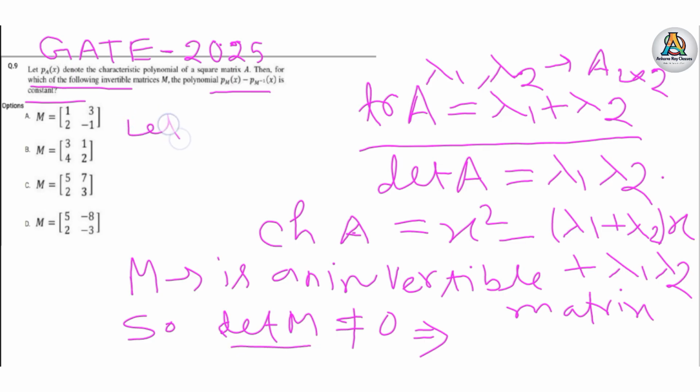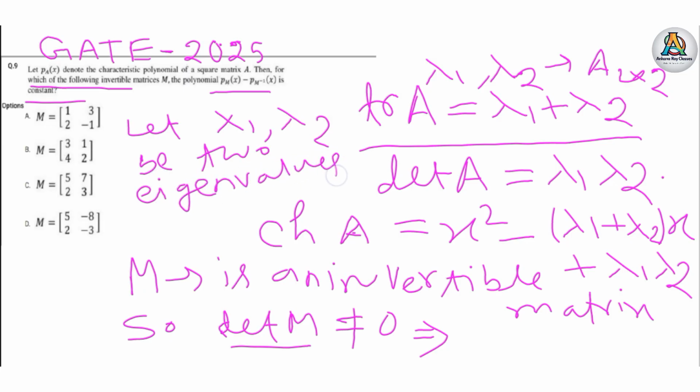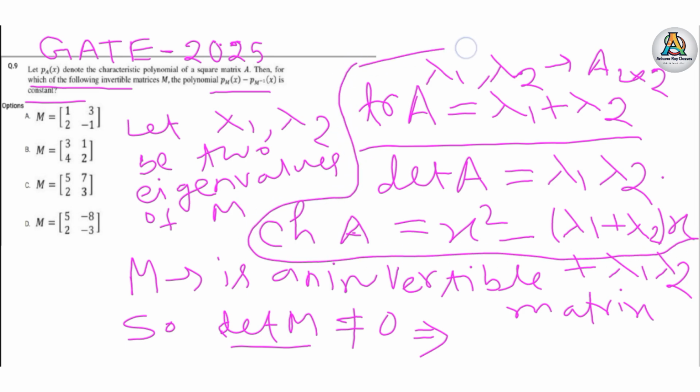Suppose lambda 1, lambda 2 are the two eigenvalues of M. Then lambda 1 into lambda 2 is not equal to 0.